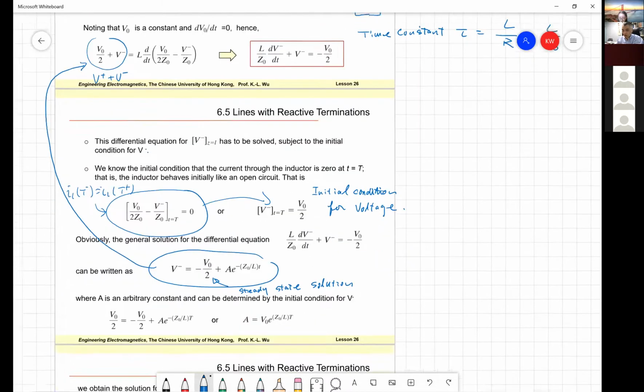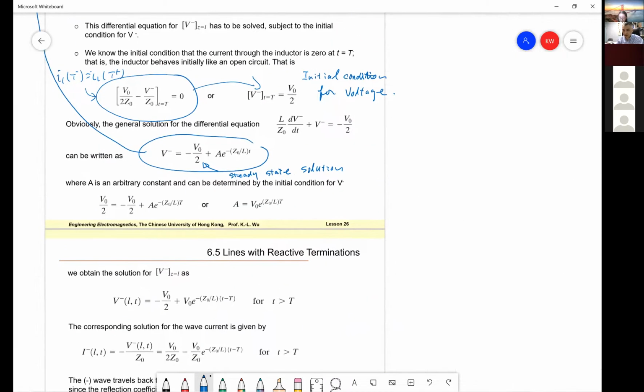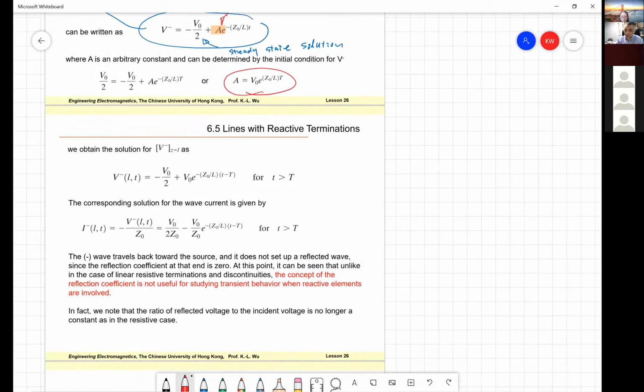The only thing we haven't decided is this constant A. We determine constant A by the initial condition. Then we substitute constant A into the solution, and we can find the reflected voltage.